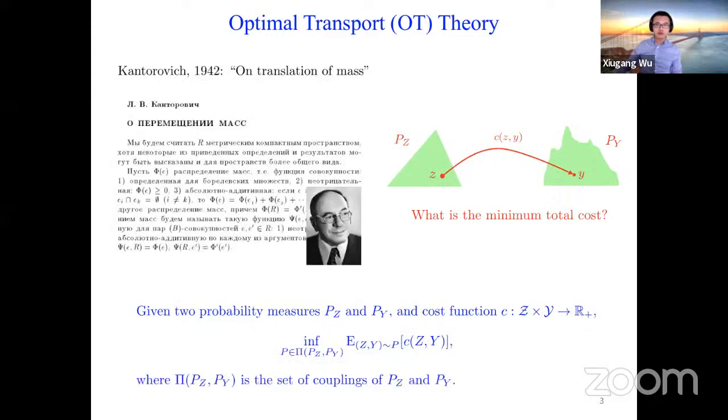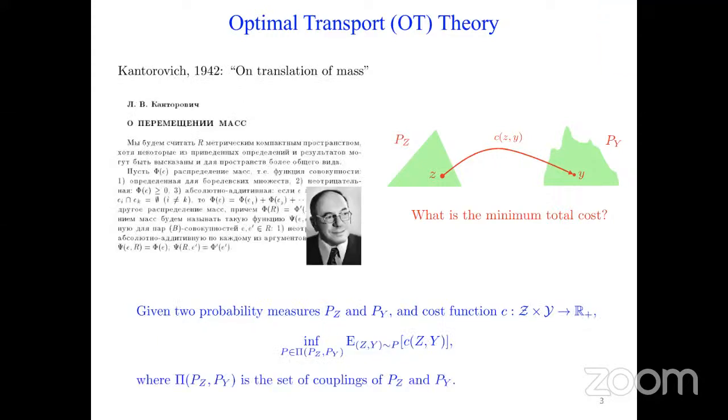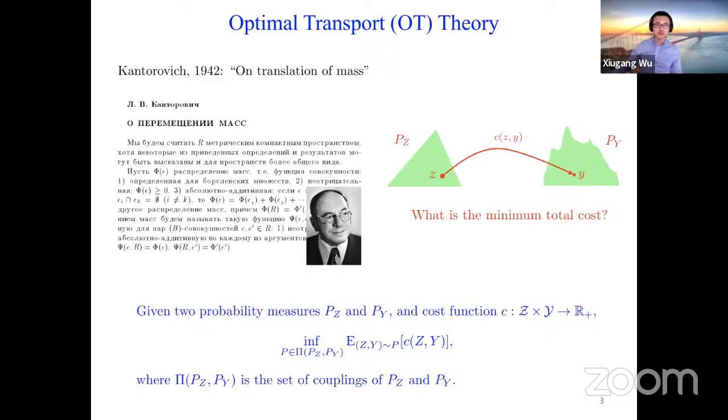Around 200 years later, the optimal transport problem was rediscovered by the Russian mathematician Kantorovich. Not only did Kantorovich rediscover the problem, but he also realized the importance of relaxing the formulation and allowing for all mappings from Z to Y, including random ones.